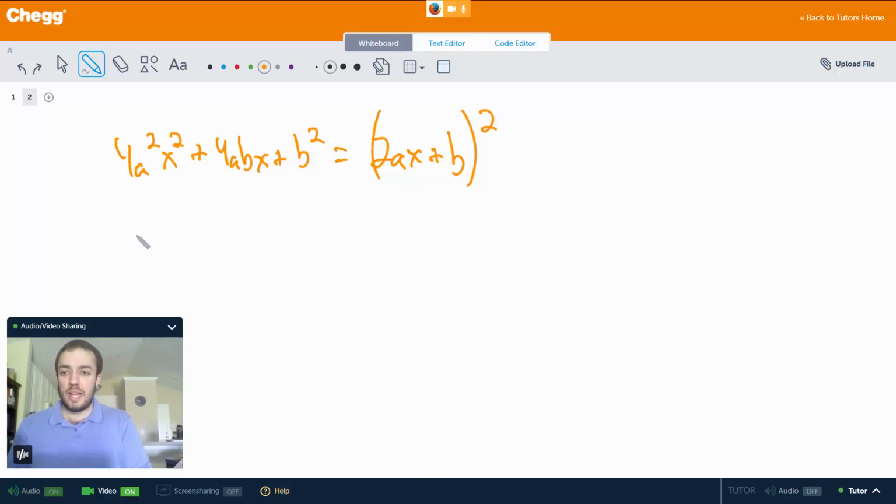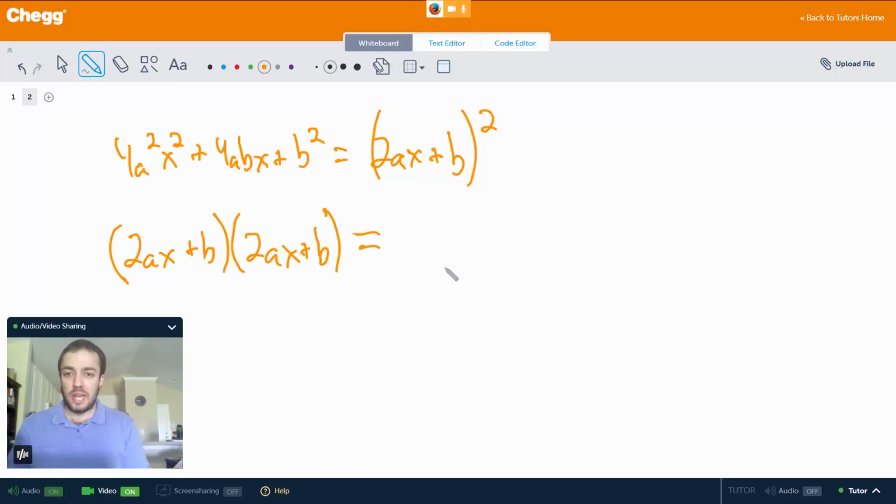If we expand the right-hand side, remember we have to FOIL that. 2ax plus b quantity squared means 2ax plus b times 2ax plus b. Now let's FOIL: first, outer, inner, last.